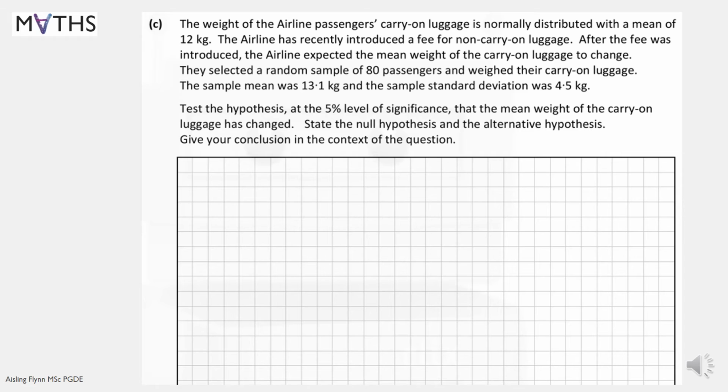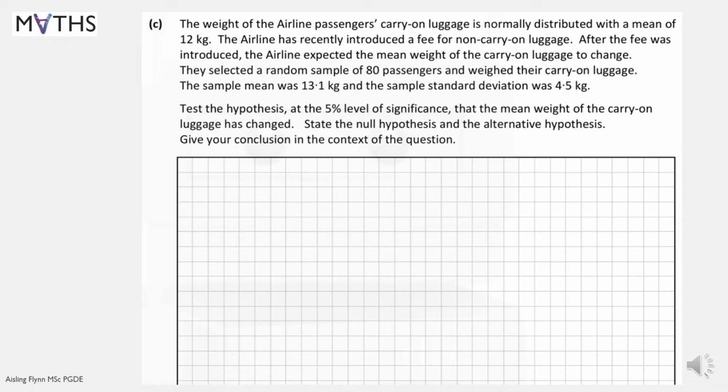Okay, part C of the question. The weight of the airline passengers' carry-on luggage is normally distributed with a mean of 12 kilograms. The airline has recently introduced a fee for non-carry-on luggage. After the fee was introduced, the airline expected the mean weight of carry-on luggage to change. They selected a random sample of 80 passengers and weighed their carry-on luggage.